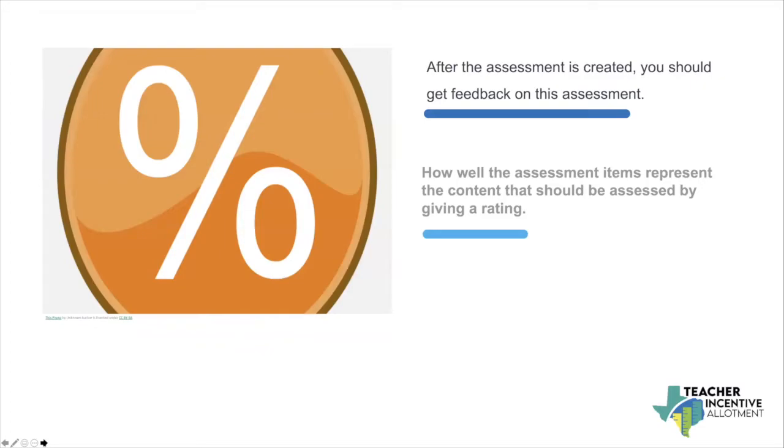Then, after the assessment is created, one strategy I recommend for establishing validity is to have an association of subject matter experts or a panel of experts judge how well the assessment represents the content that should be assessed by giving a rating.